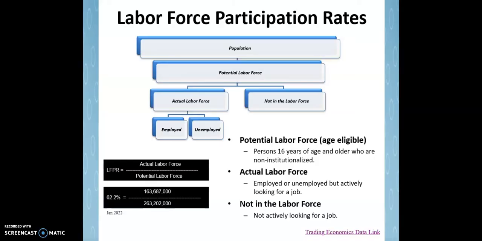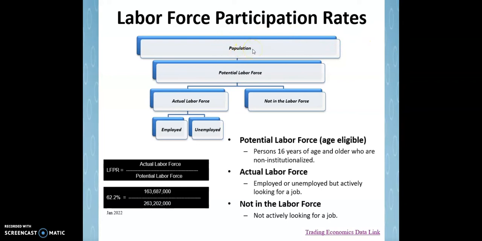The next thing we're going to talk about is labor force participation rates. We already learned what labor force participation is, but let's detail it out and see how it's measured by the government, more specifically the Bureau of Labor Statistics, BLS. We start out up here with the population.